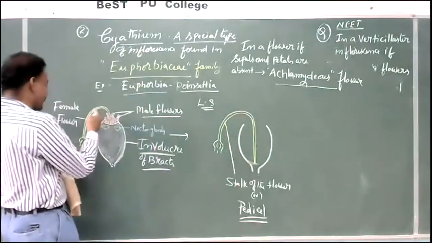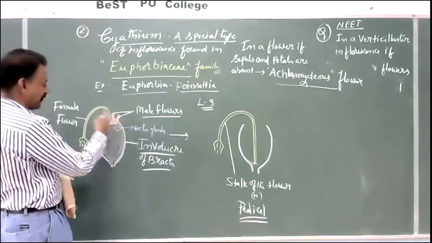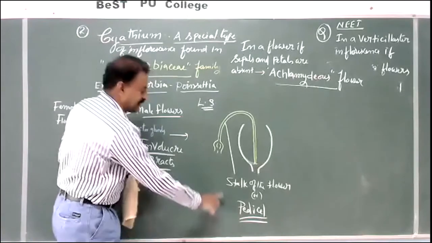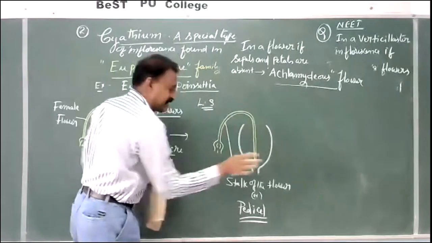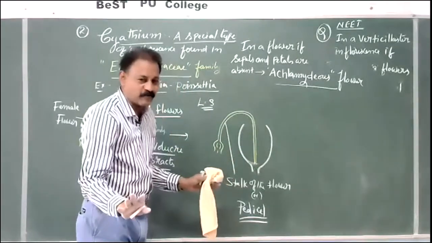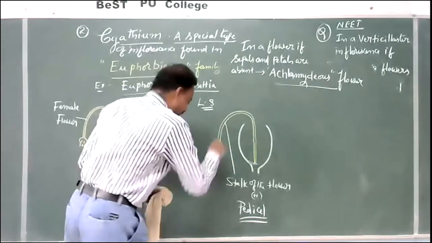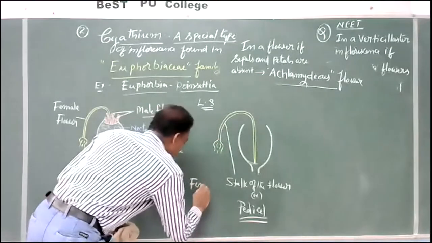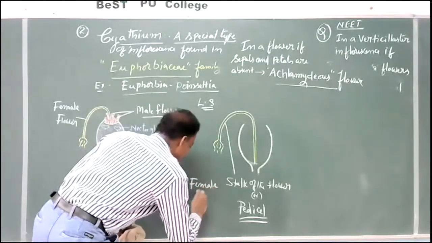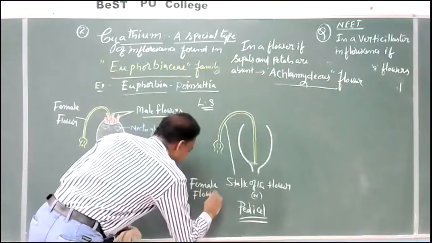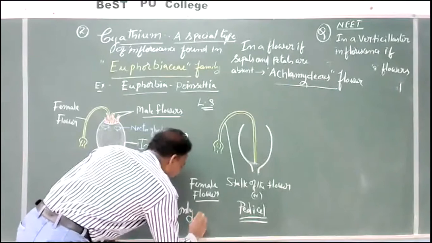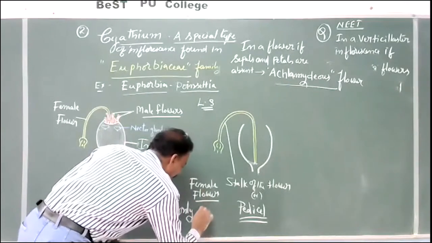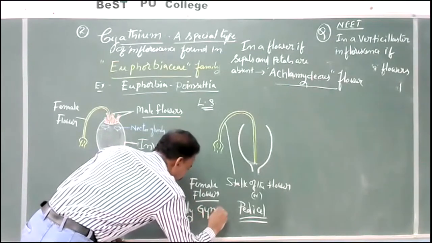That's why it is coming out of the involucre of bracts. And this is an achlamydeous flower. It means this flower does not have any calyx and corolla. And it is a female flower. Female flower means it is represented by only pistil or carpel or gynoecium.